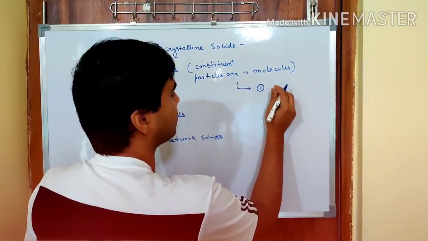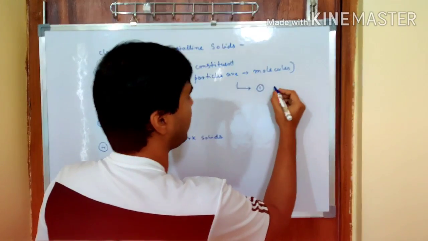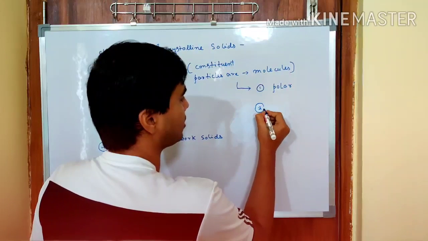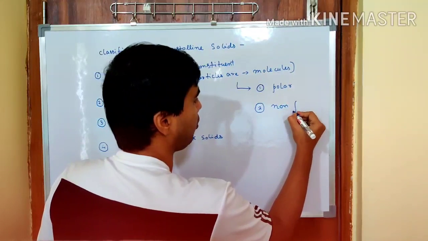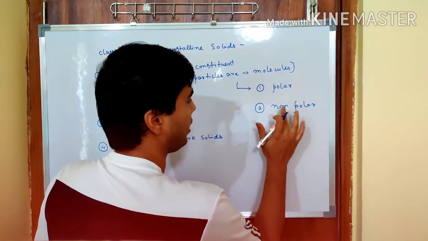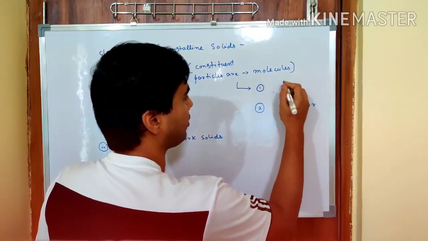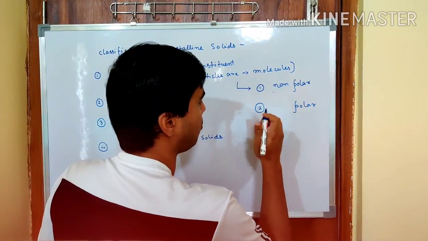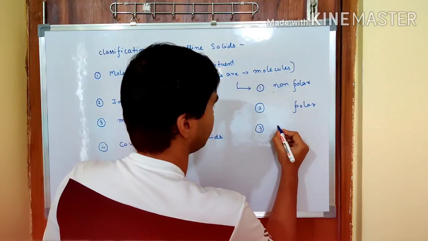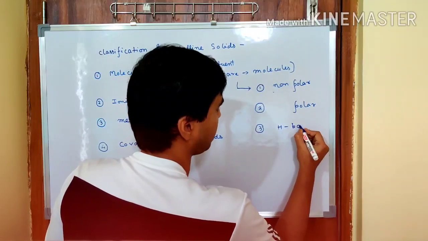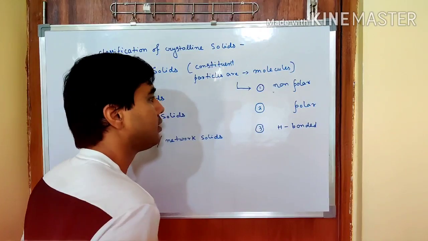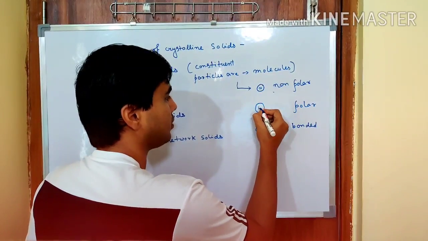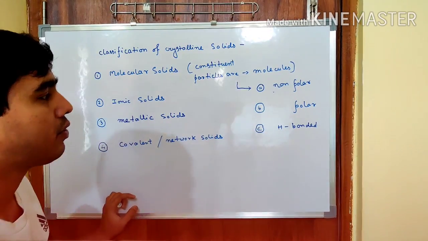The first one is non-polar, second one is polar. And the third one is H bonded, meaning hydrogen bonded. So I can make it A, B and C because here already is 1, 2, 3, 4.